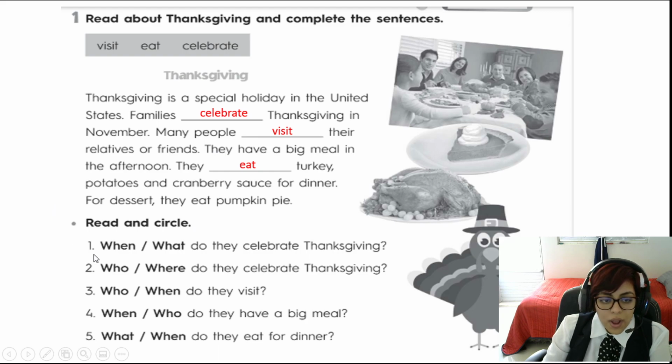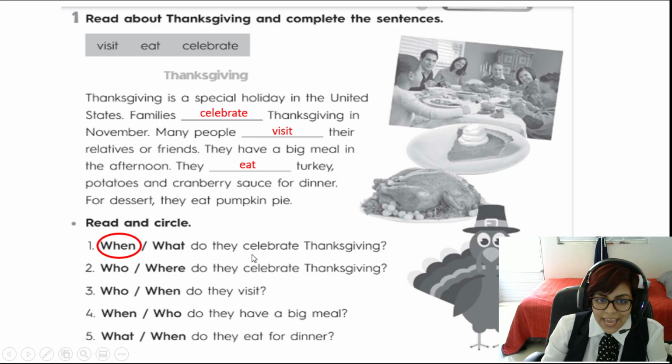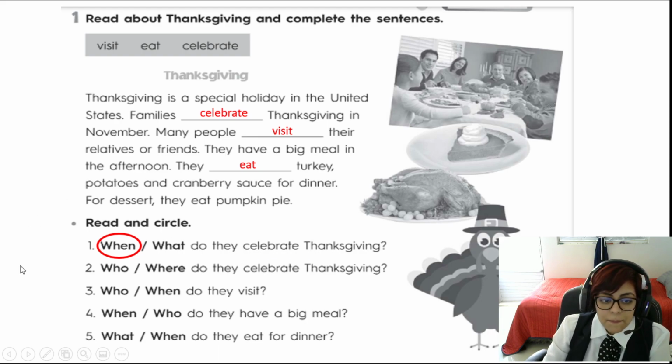We have: When or what do they celebrate Thanksgiving? It is when do they celebrate it, because we're asking about the date, about the month of the year that it is celebrated.